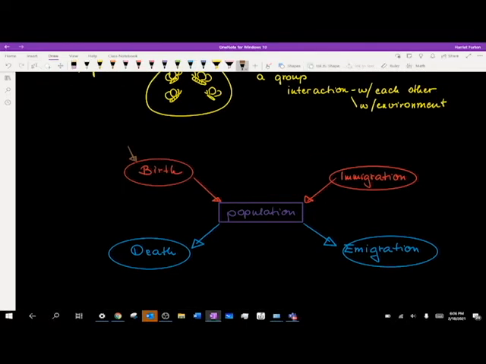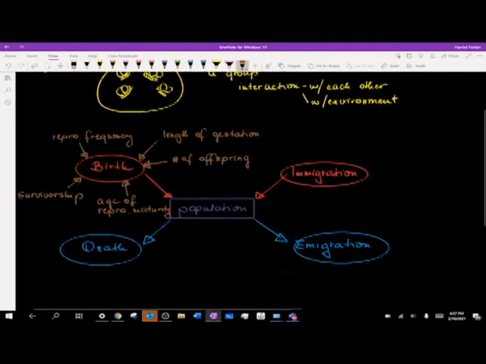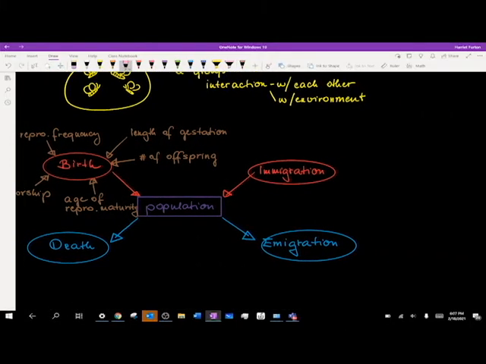The birth depends on the reproduction frequency of the individual organisms, also the length of their gestation period, the number of offspring the organisms produce over a certain period of time, and the age of reproductive maturity counts a lot for the population, as well as the survivorship of the offspring or the young in that population.